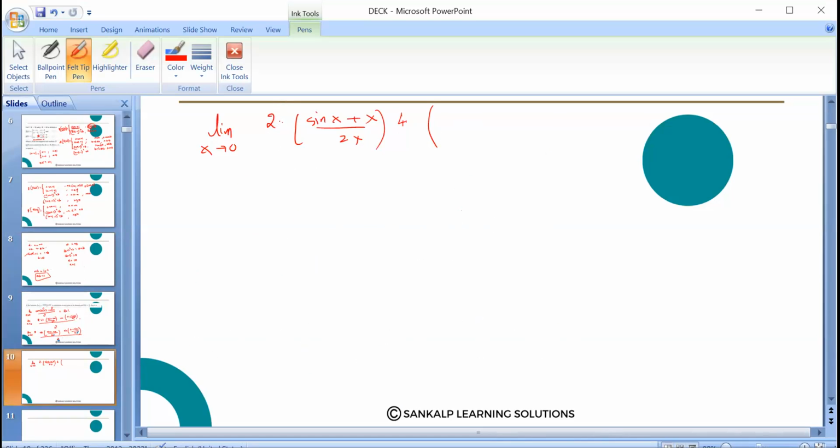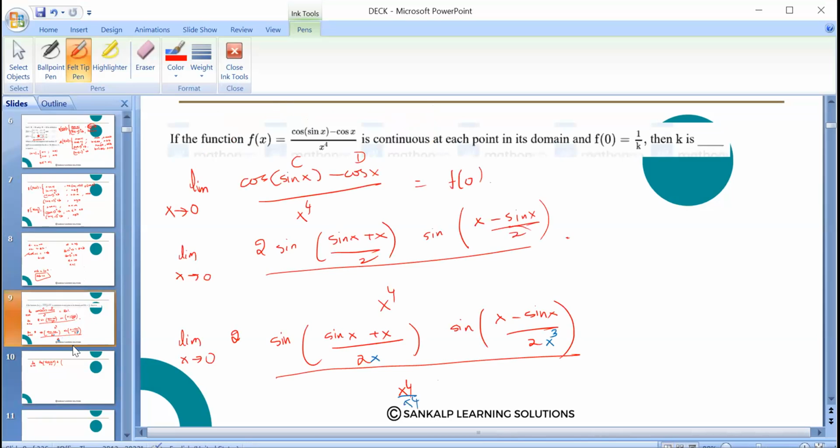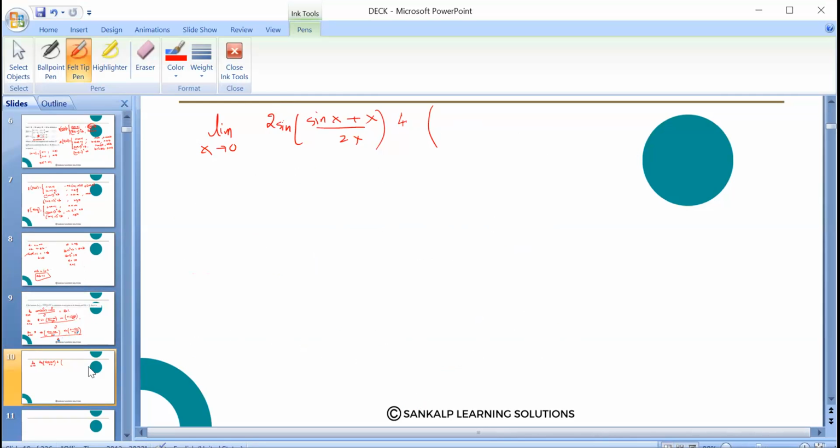I'll remove the sines actually. Sine doesn't have any space. It is becoming more complicated.